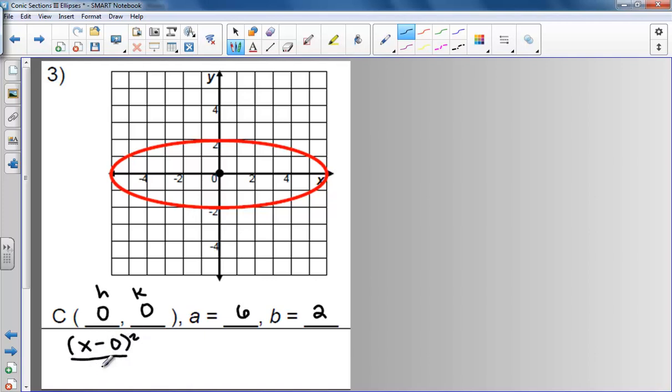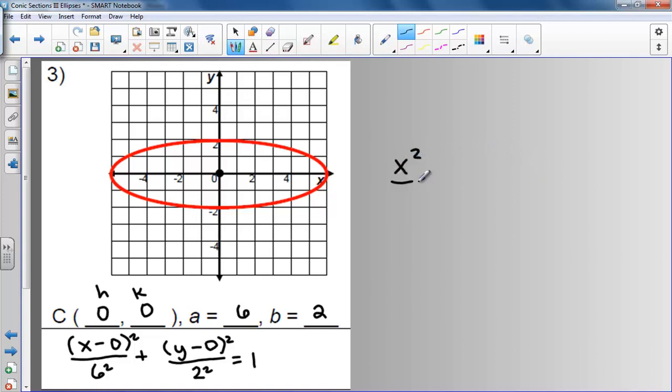So I would have x minus 0 over 6 squared plus y minus 0 squared over 2 squared equal to 1. Now that's for graphing purposes, works with the calculator. That's not how you're normally going to see this written. Here's how it would normally be written.